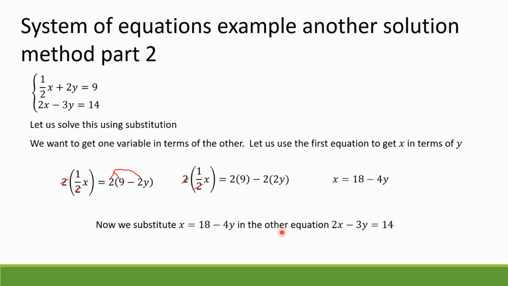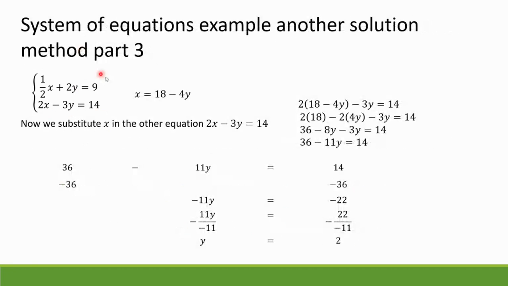When doing so, you'll get an equation in one variable only. Namely, by substituting, what happens is we kill off the x, and we get an equation in only y. Only one variable. That makes it a lot easier.